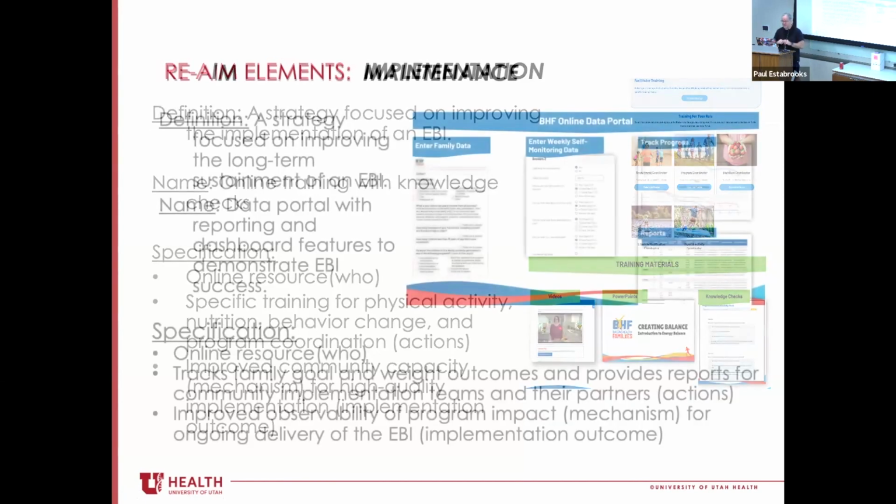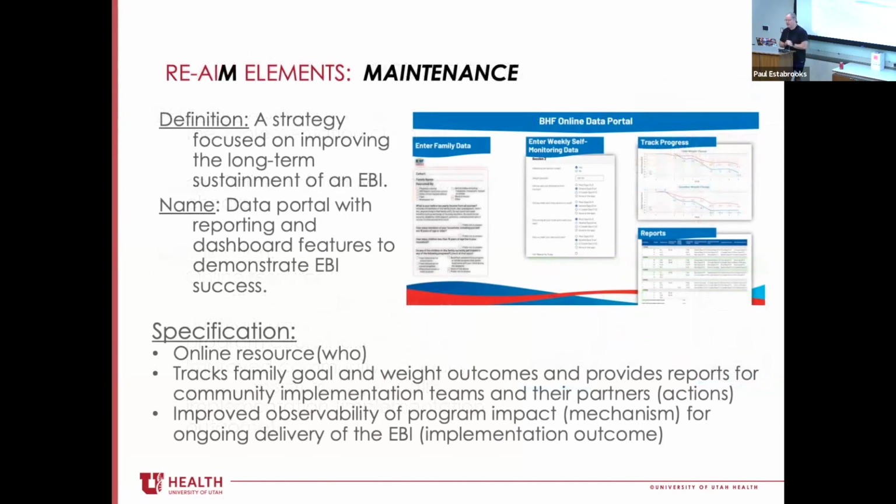Now let's get to the maintenance one. This is a strategic approach to try to maintain a program beyond the life of a specific grant, even if it's a dissemination and implementation grant. For this one, within the online resources, we built a data portal that allows reporting for the community implementation team, internally or externally.